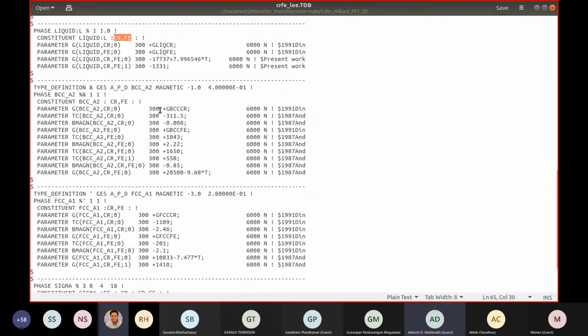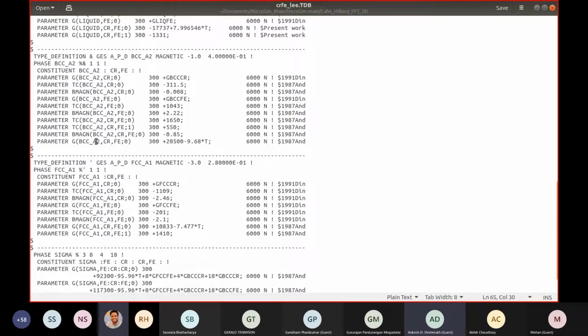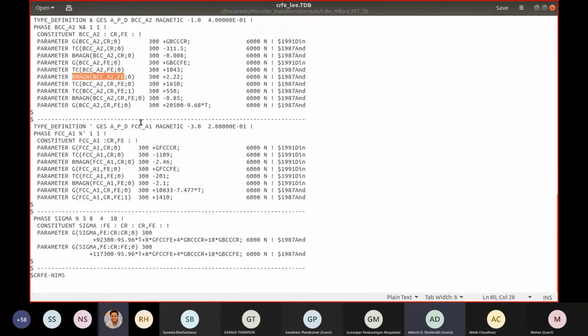Similarly, the BCC and FCC parameters can be described. The magnetic contribution is also introduced in the system while modeling, so that information you can also find over here. And this is a sigma phase model, where there are three sublattices. This is something you need to keep in mind when you are writing Gibbs energy functions.